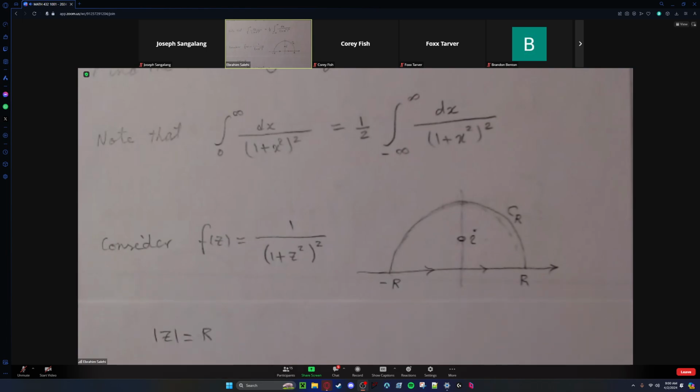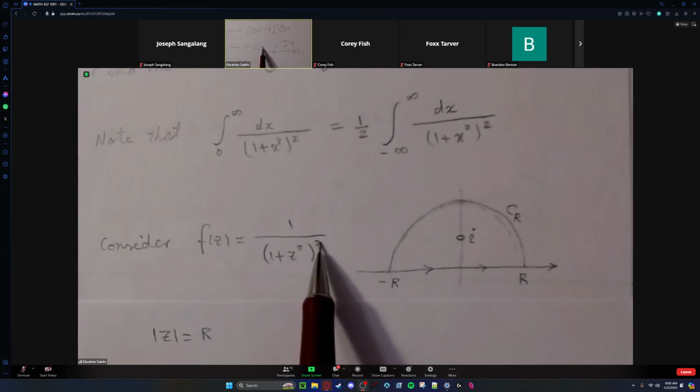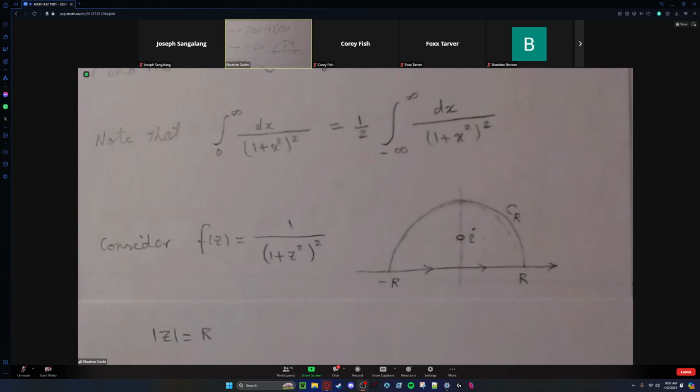Now, so let's put it down. But you have 1 plus z squared, right? Square of this guy. So 1 plus z squared squared will be bigger than or equal to, this is r squared minus 1 squared.